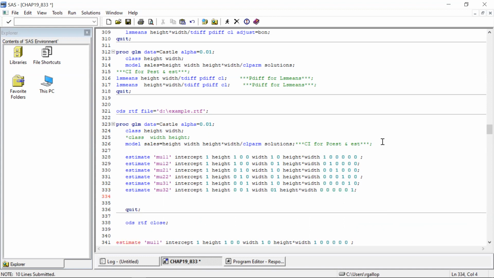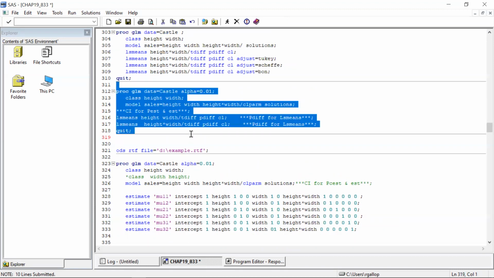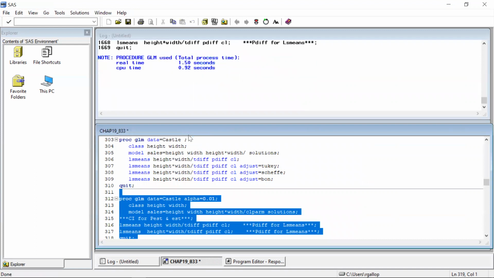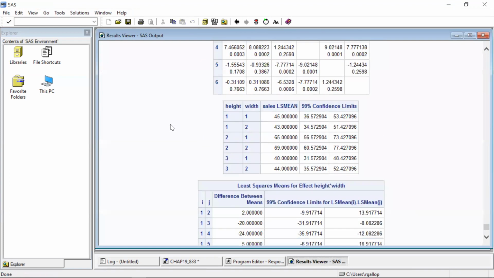So there are 6 cells. And again, if you remember what we did last time, the 6 cell means are 45, 43, 65, 69, 40, and 44.